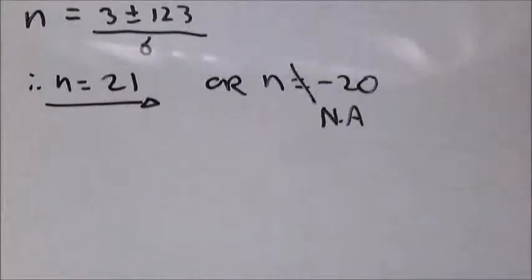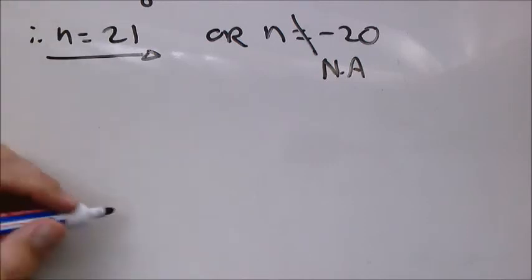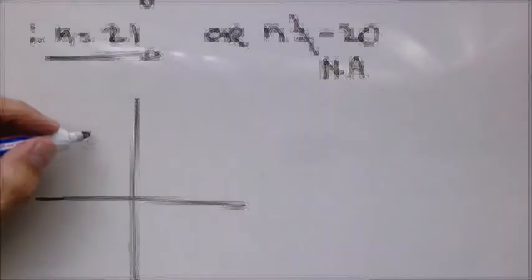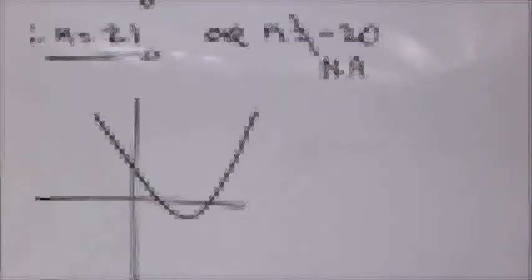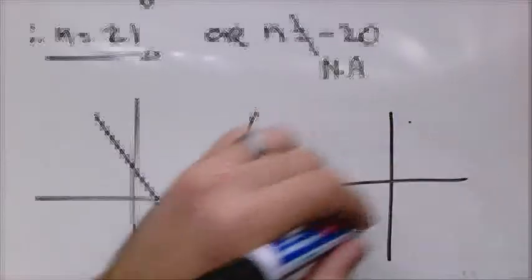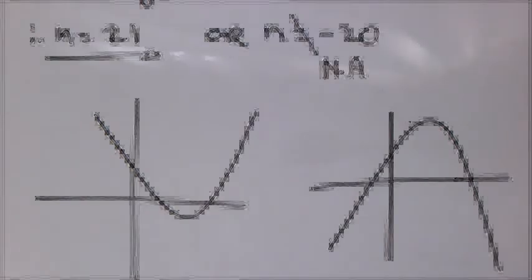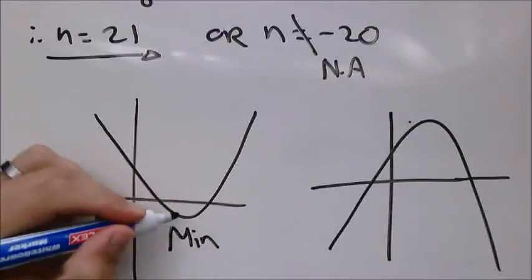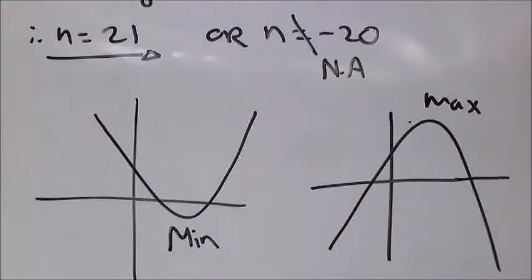Okay, last thing I just want to illustrate. Remember, this is a quadratic function. So that means the function has a graph that looks something like that, or something like that. Okay, so depending on your equation, you can have a minimum value right over there, or a maximum value.